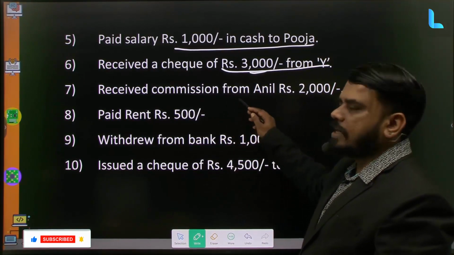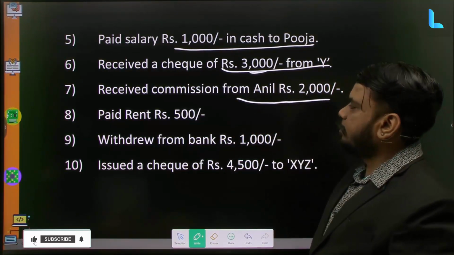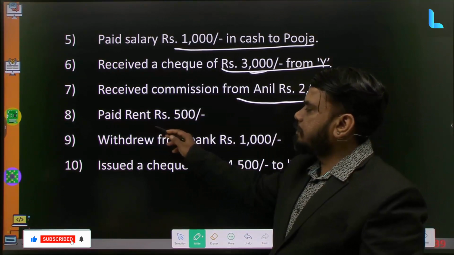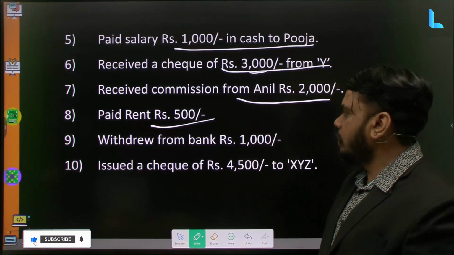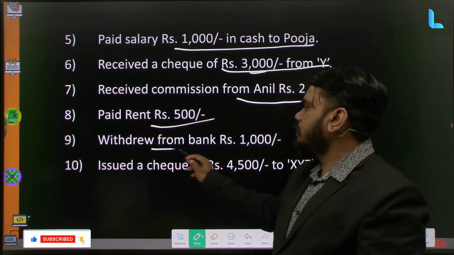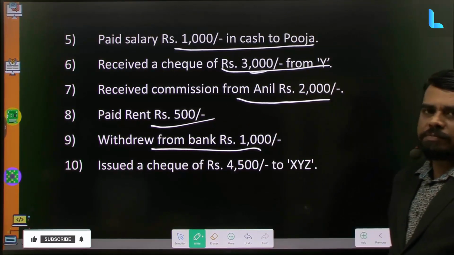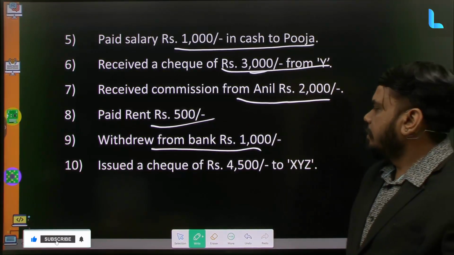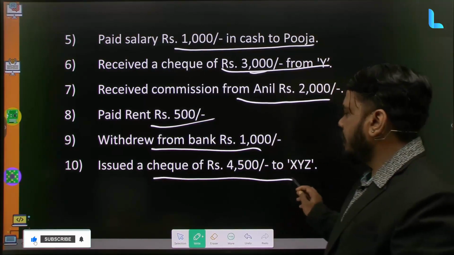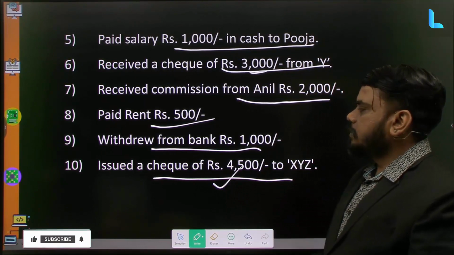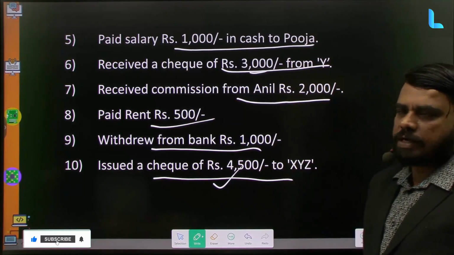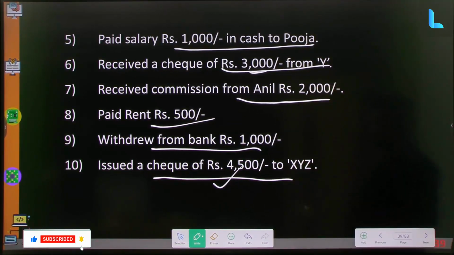Similarly he has received commission from Anil of rupees 2,000. Similarly he has paid rent 500. So these are the monetary transactions involved in the company. The ninth transaction involves withdrawal of money from the bank. Then the 10th one is, since we had purchased goods from XYZ for 4,500, we have to pay him. So a check is issued for 4,500. So these are the example transactions.